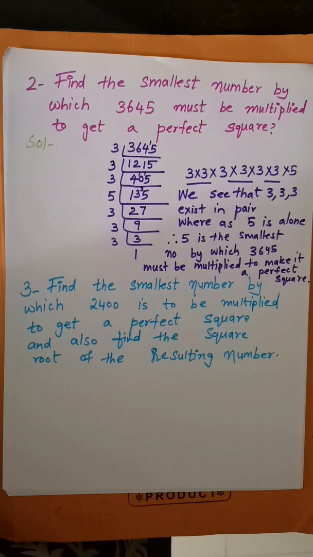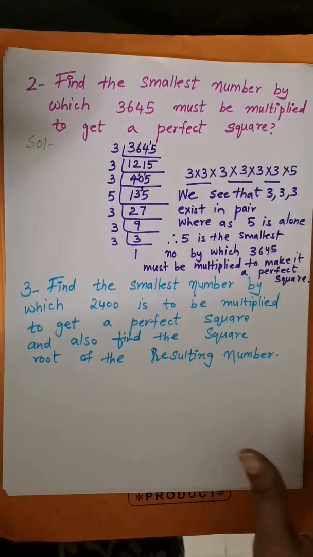You have to write that it is the smallest number by which 2400 must be multiplied to make it a perfect square. Then you have to multiply it with that number and find the square root of the resulting number also. Try out this sum, children. Okay. Next.